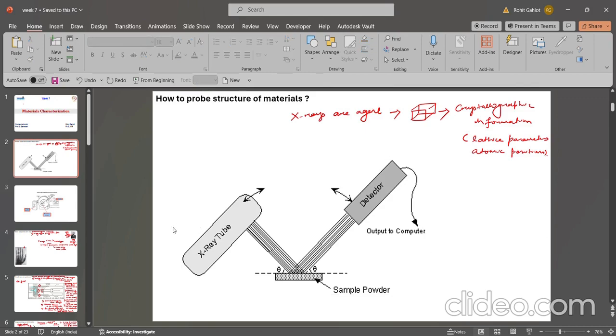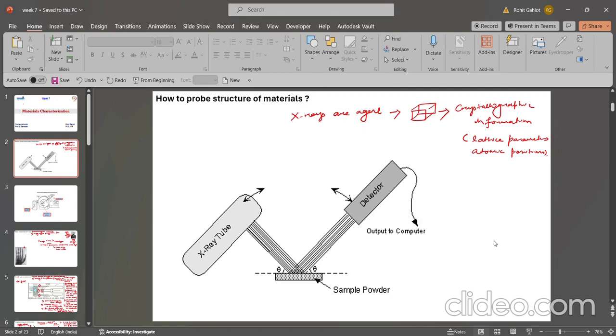In this diagram, as can be seen, there is an X-ray tube which is the source of X-ray generation, and from this the X-rays fall on a sample. This sample can be a metallic sample or a powder sample or some polymeric sample also, and then the response is detected by a detector, and then this is shown in your output or on your computer.